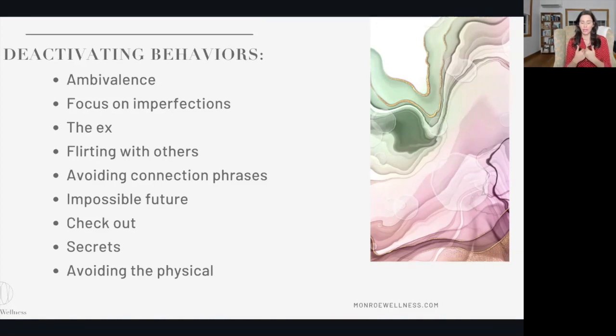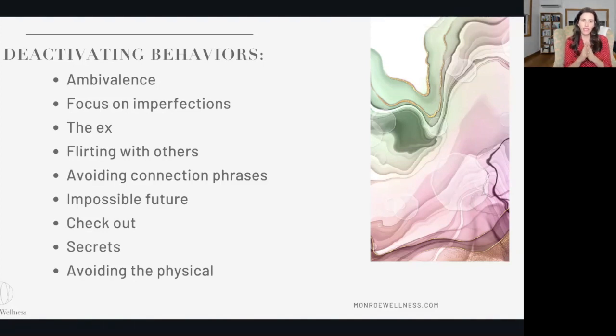The other thing that's really important in the healing process is when we find ourselves focusing on imperfections, we need to go back to the reframe and start focusing on all the good things about this person, all the things that keep us interested and intrigued and that we admire about that person.